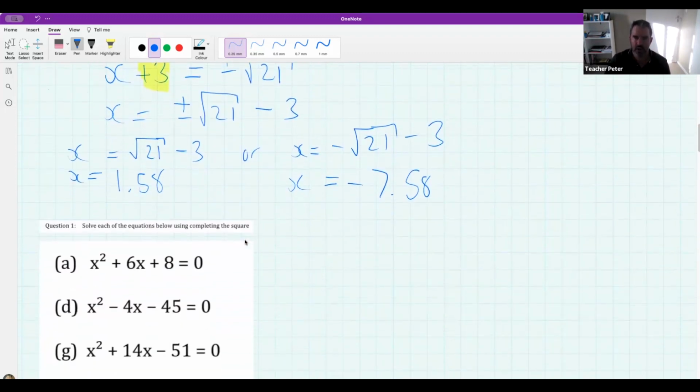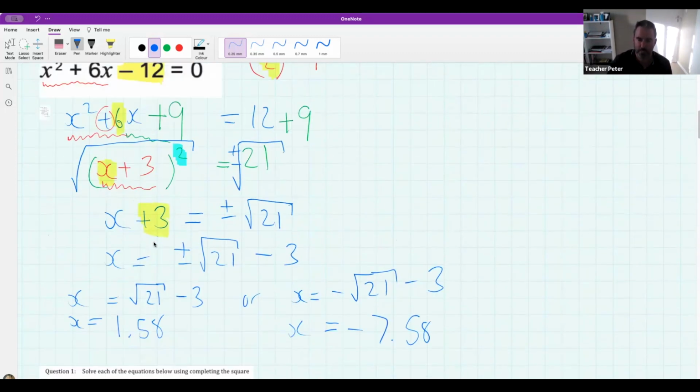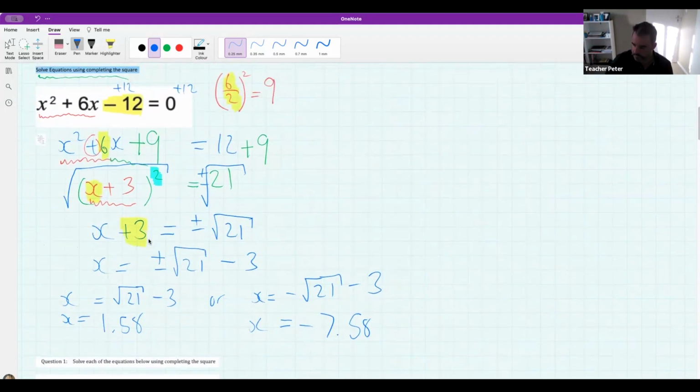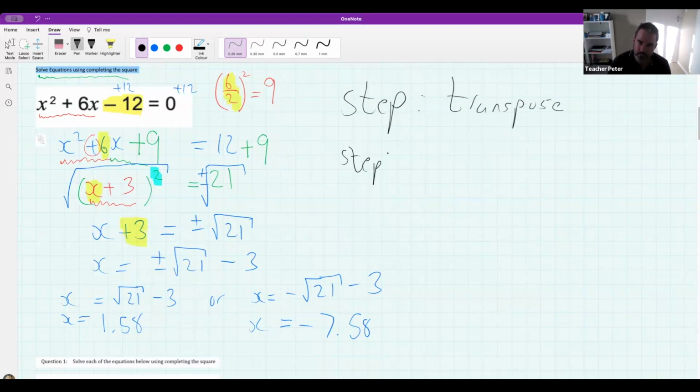Okay, so if we look at the process, let's just look at the process, then you're going to do one for me. Step 1 was to move the 12 to the other side. So I'll even say transpose. Step 2 was to add a number to both sides, but it wasn't just any number, it was the number that completes the square.